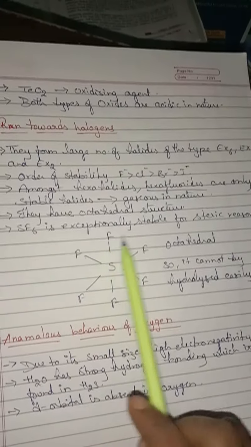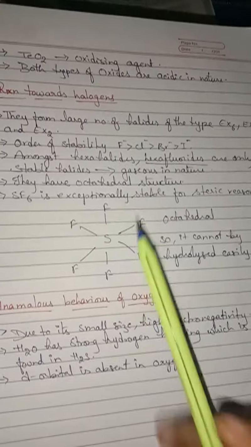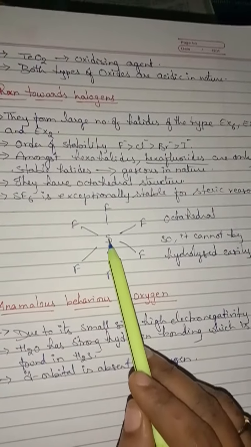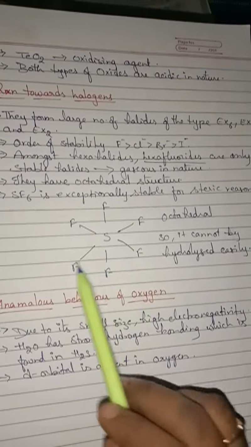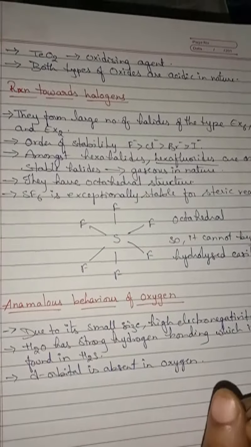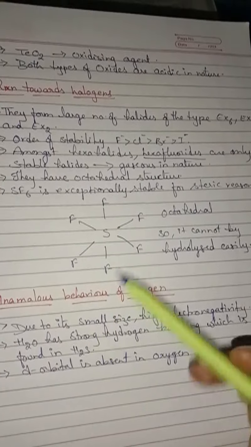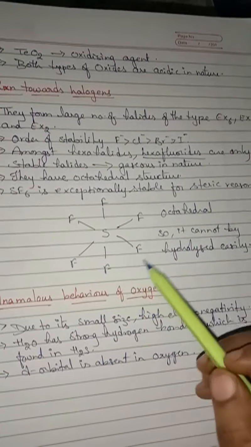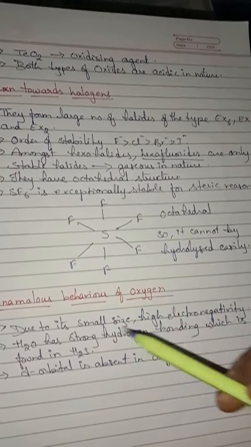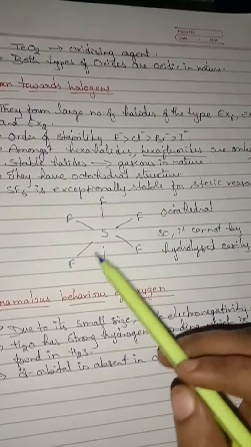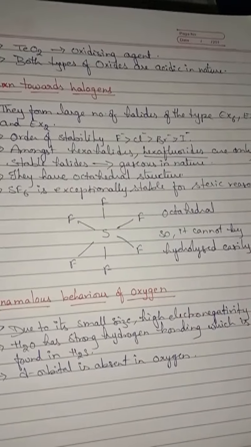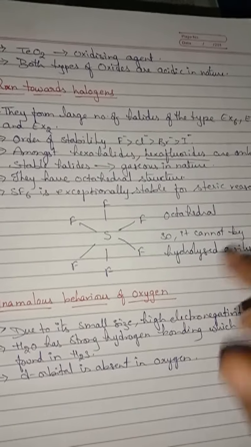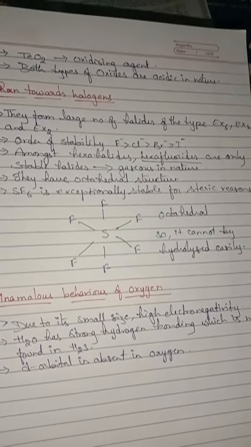SF6 is exceptionally stable for steric reasons. Look at its structure: when sulfur combines with 6 fluorine, it has an octahedral structure, and it cannot be easily hydrolyzed. Understand? So as it has this structure, it cannot be hydrolyzed easily, and it shows sp3d2 hybridization.